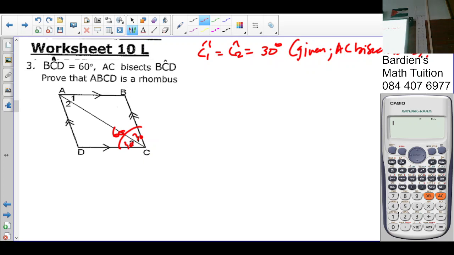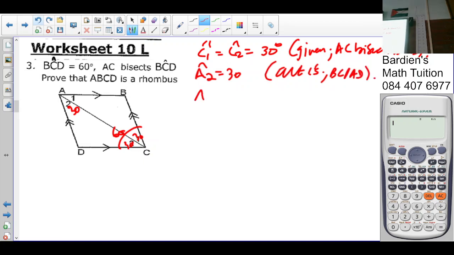Then we know that A2 is 30, and A1 is also 30. Both alternate angles but different parallel lines. So we're firstly going to say that A2 is 30. Why is A2 30 degrees? Because of alternate angles, with BC being parallel to AD.